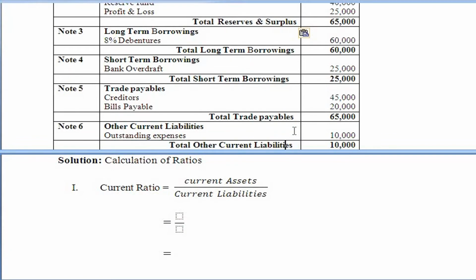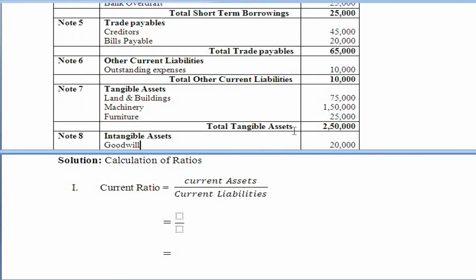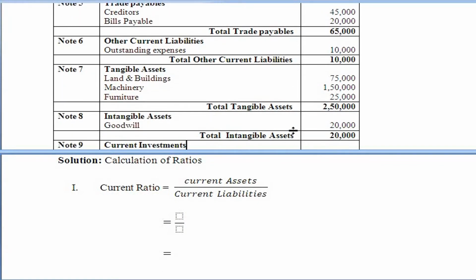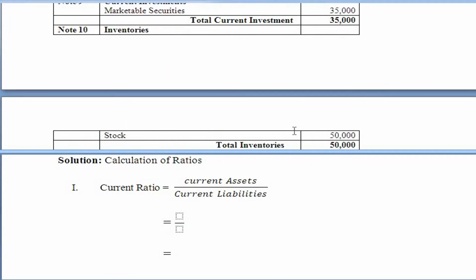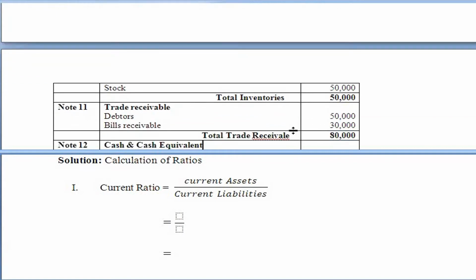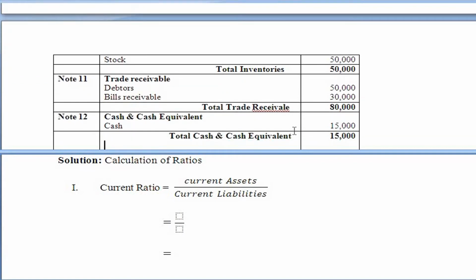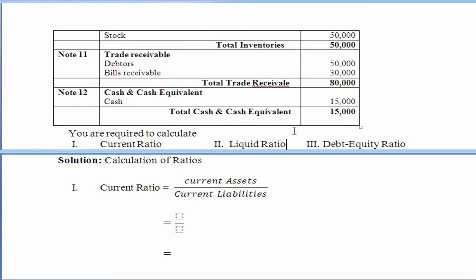Then note 6 other current liabilities. Note 7 tangible assets, note 8 is relating to intangible assets, note 9 current investments, note 10 inventories, note 11 trade receivables, note 12 cash and cash equivalents.